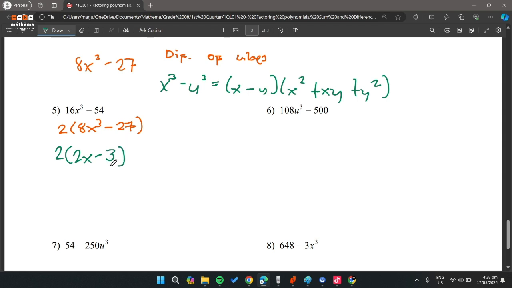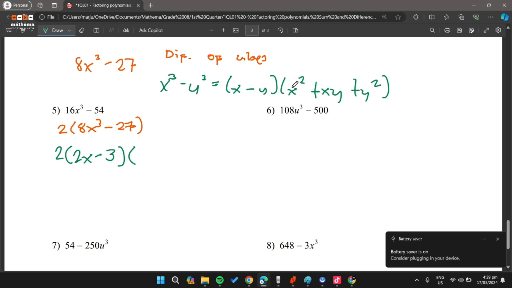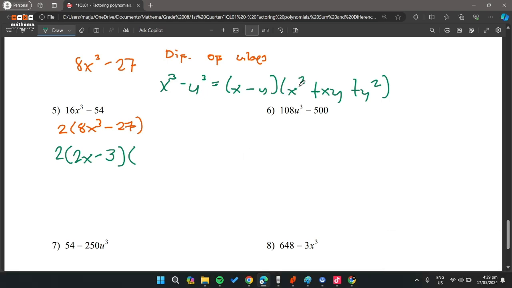And then we have x minus y, and then we'll do x squared, which is 2x squared, that is just 4x squared, plus 2x times 3, that is just 6x, plus y squared, we will get 9.